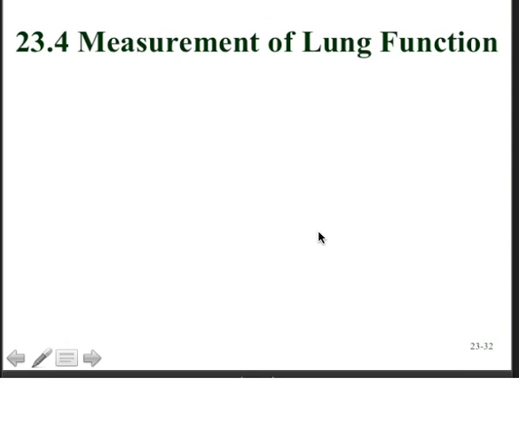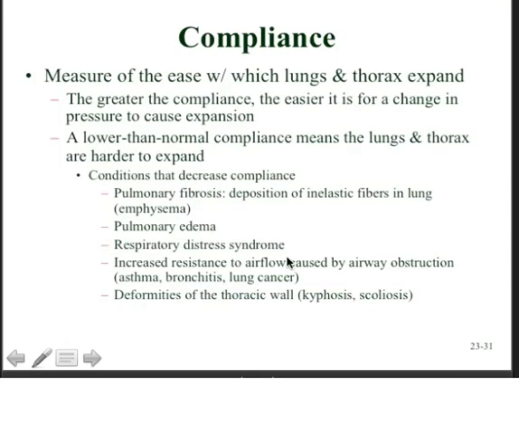Okay. One of the things we should point out while we're dealing with this is that problems with respiratory conditions can be grouped into two classes, right? There's obstructive diseases, and there's restrictive diseases, and some diseases are both.